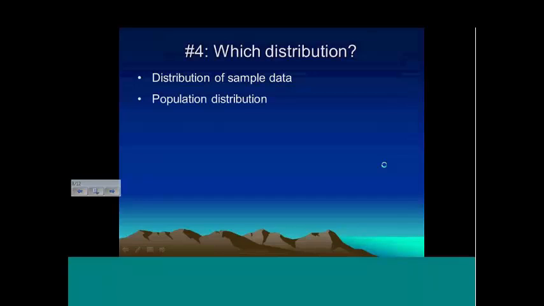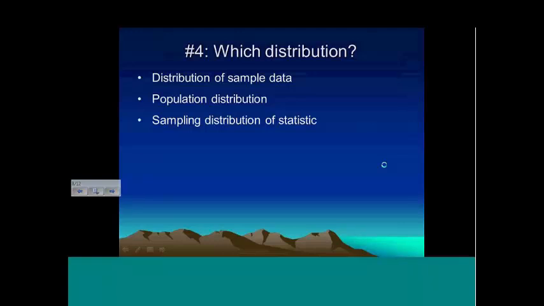Or the problem could be talking about the population distribution of some variable. Again, that variable could be categorical, so the population distribution could consist of the percent in each category, or it could be a quantitative variable, and the population distribution we could imagine might be a normal distribution. Or we could be talking about the sampling distribution of a statistic, like x-bar or p-hat.